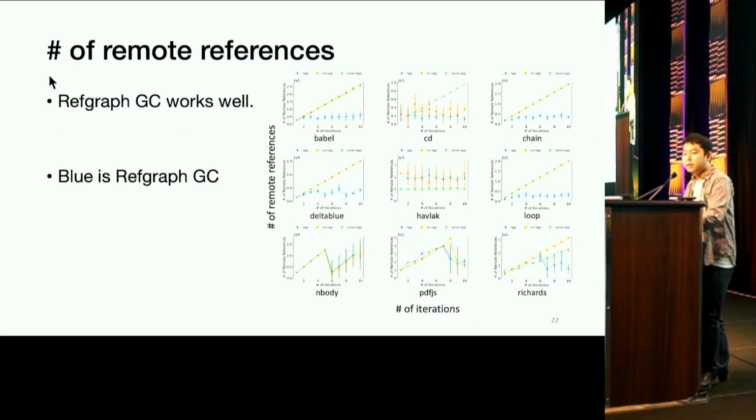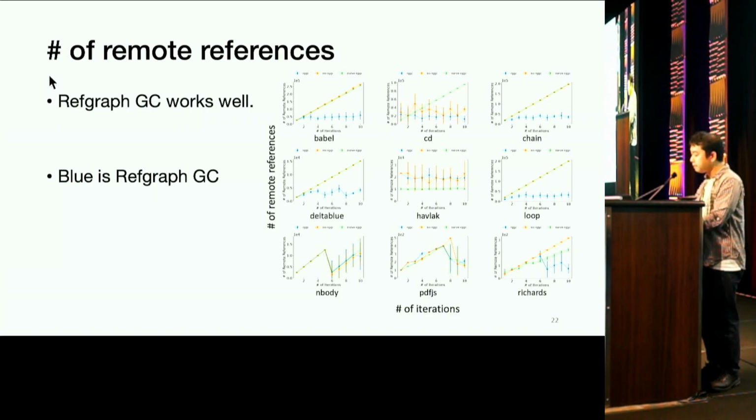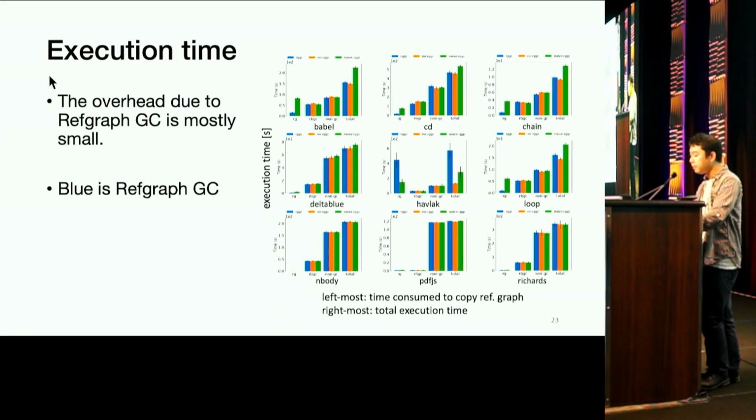So we did experiments. Please read our paper for details. The experiment shows that our algorithm works well. It could collect cyclic garbage. And we also experimented on execution time.